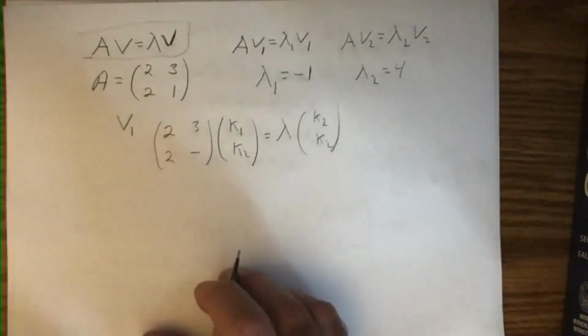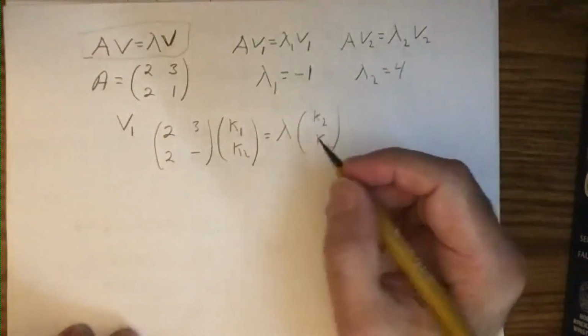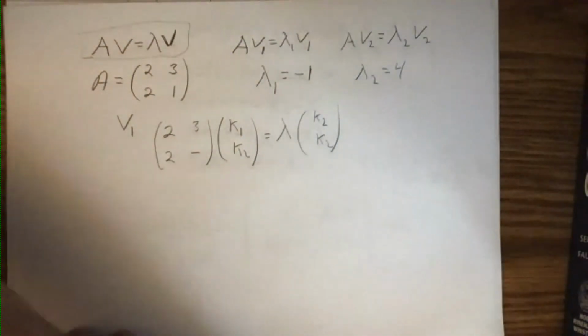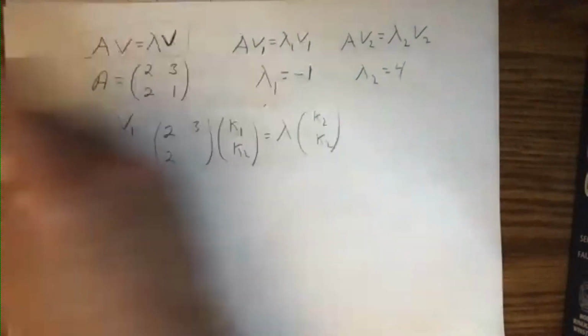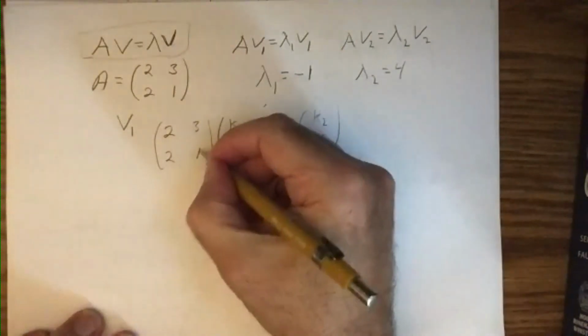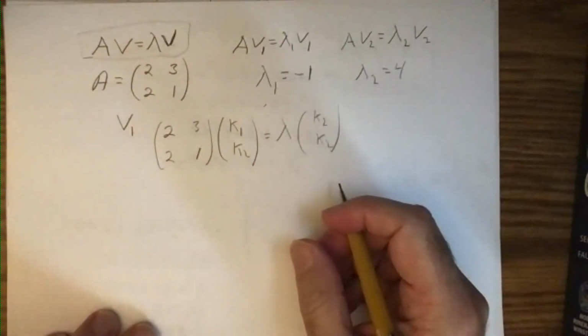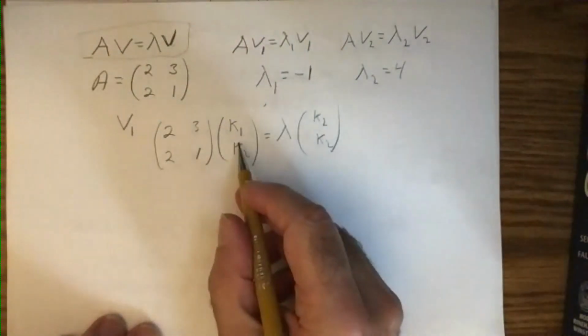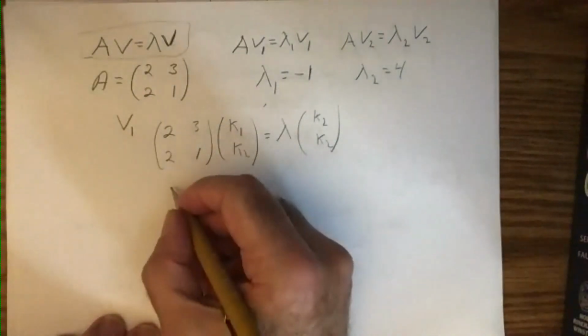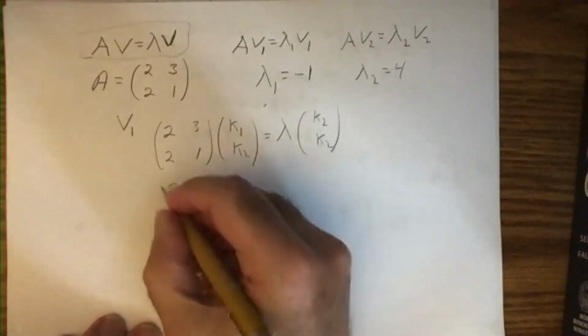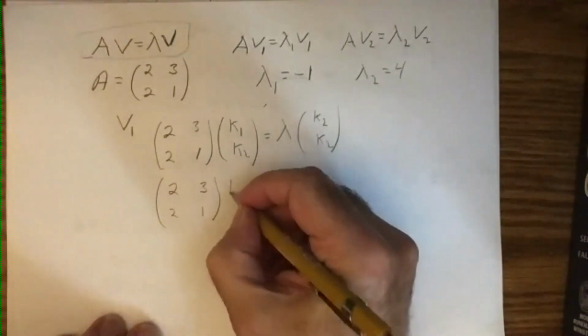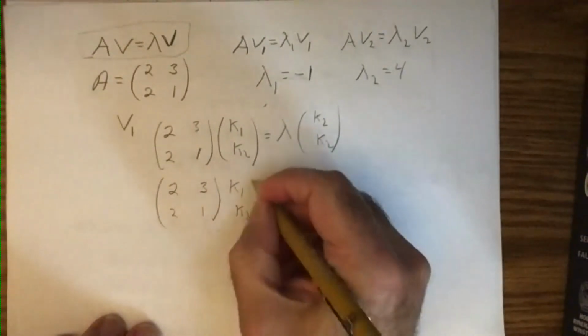All right. So now I want to find V1. What I'm going to do here is write 2 and then 3 and then 2 and 1. I'm just copying this over. And then I'm going to write this K1, K2, just copy this over.